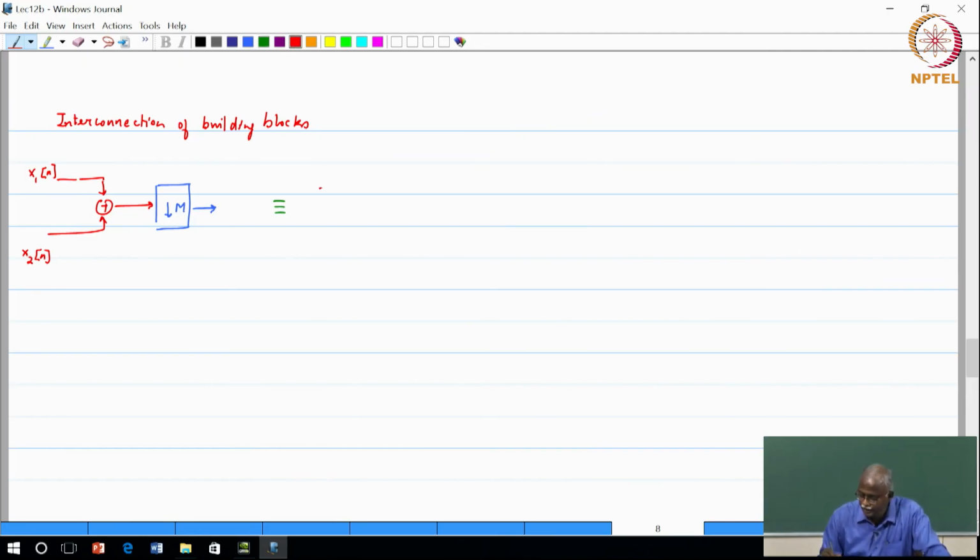So, you take x1 of n, you downsample by a factor of m, and then you produce an output signal. This is x2 of n downsampled by a factor of m, which you can then add and produce the output. They are identical.